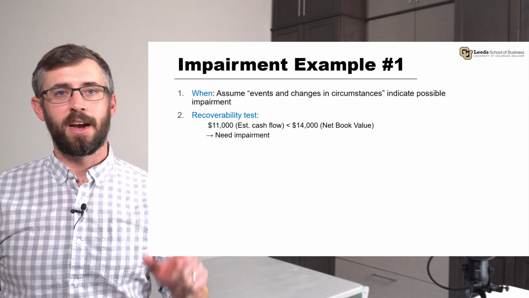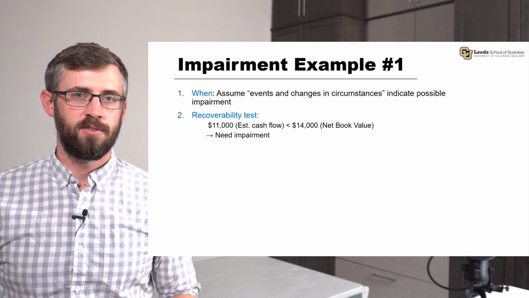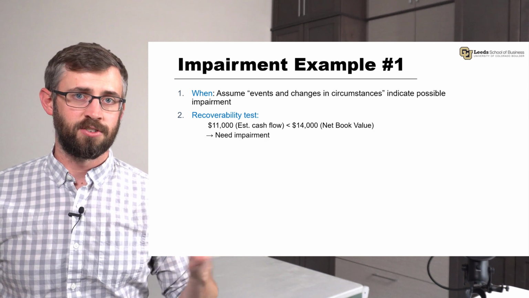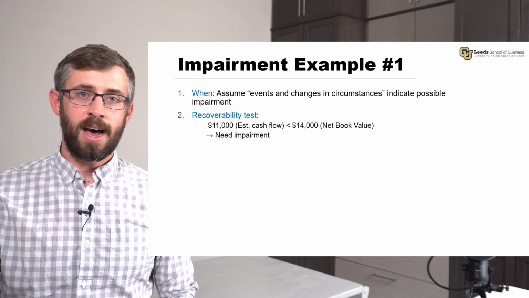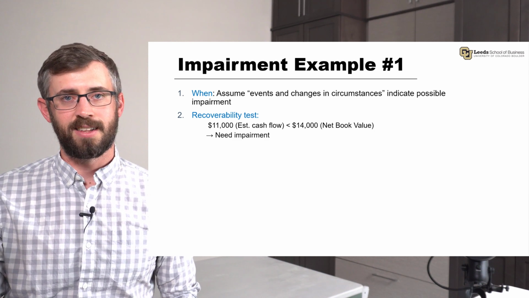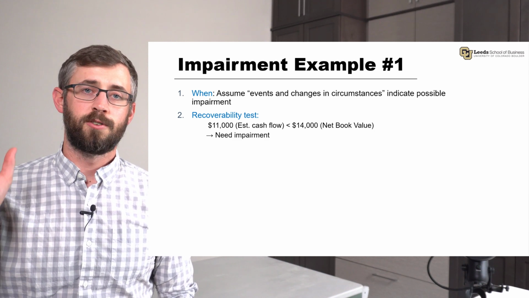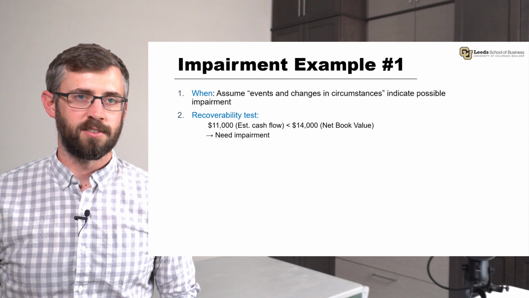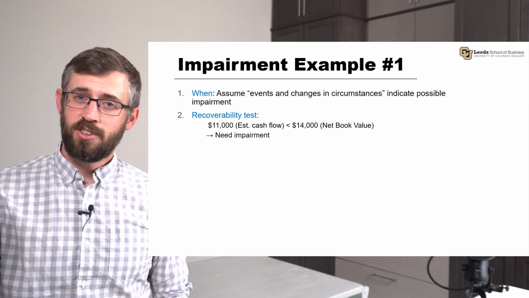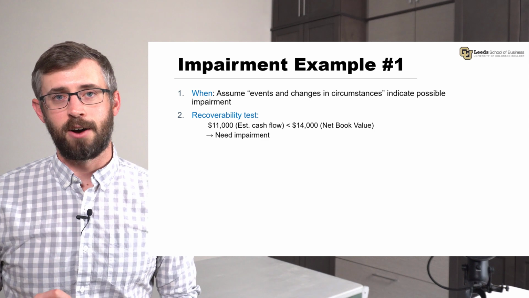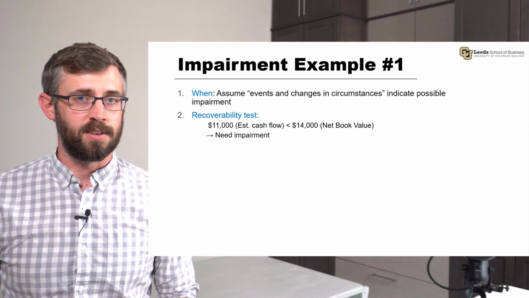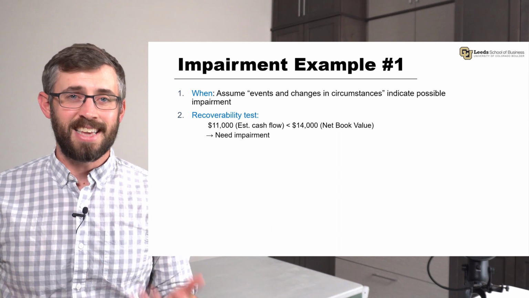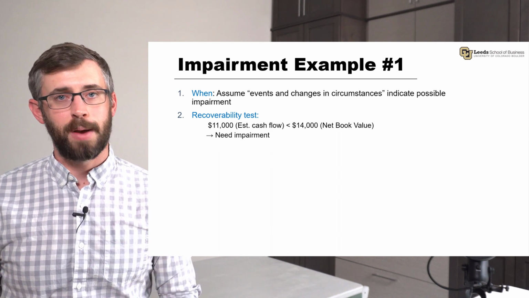And this is where we compare the undiscounted future cash flows, in this case $11,000 from that prior slide, to the book value of the asset, what it's listed at on our balance sheet right now, which was $14,000 from the prior slide. So our balance sheet is claiming the asset has a value of 14K, but it's only going to bring in cash of 11,000. So that's going to tell us that yes, we are in fact impaired.